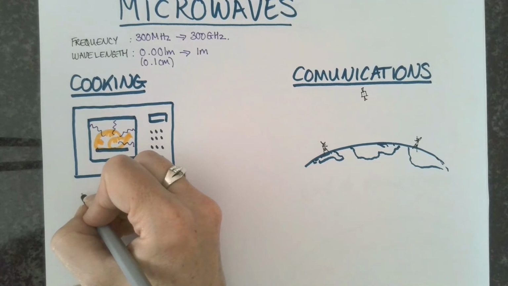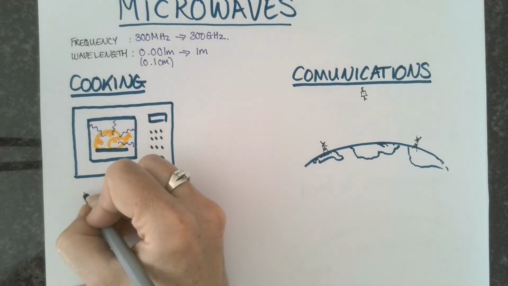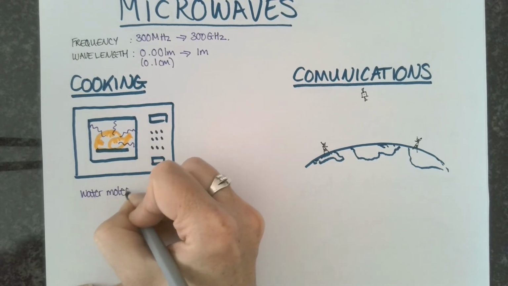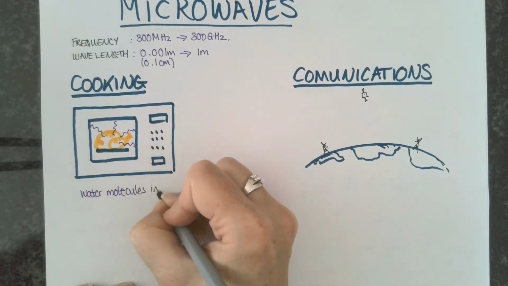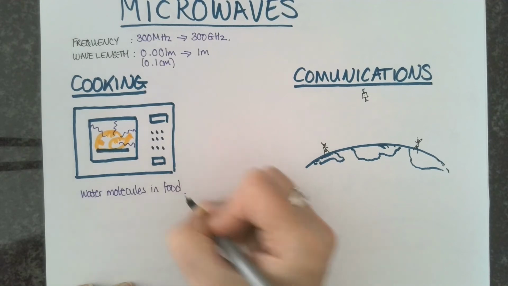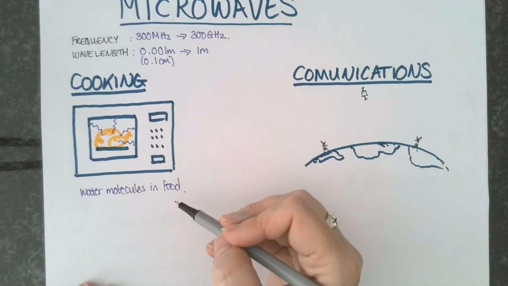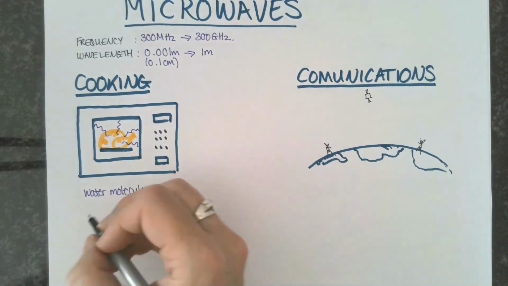That energy is transferred to the water molecules in the food. So the electromagnetic wave, the microwave, is absorbed by the water molecules in the food.